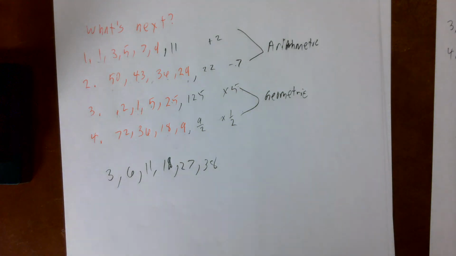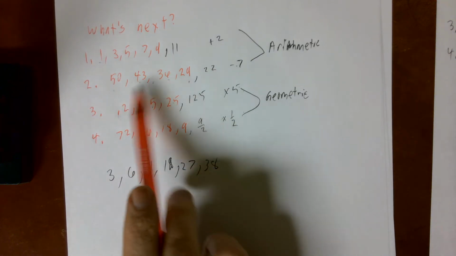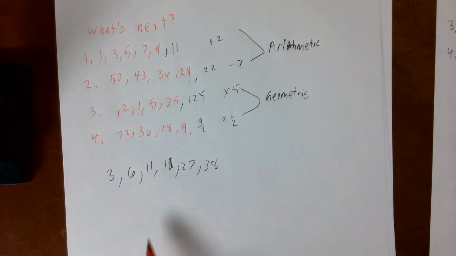Now, what do you do when it's not obvious what's going on? So what are some tricks? The first trick I'm going to talk about today is something called differencing. And like in my first two examples, it was obvious what was going on. What's going on here, not so obvious.